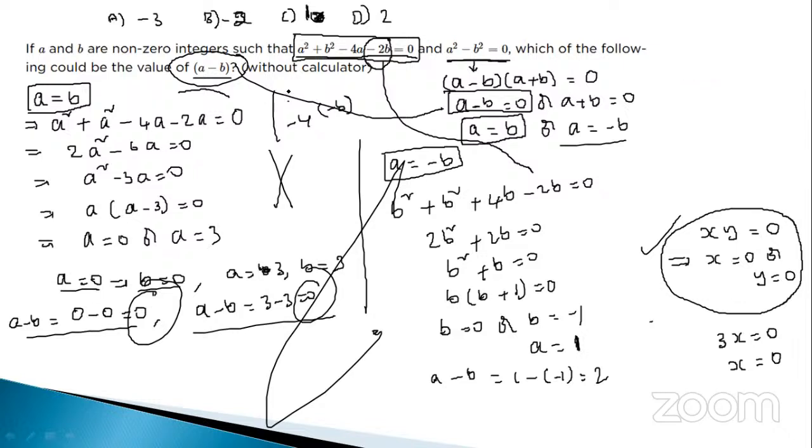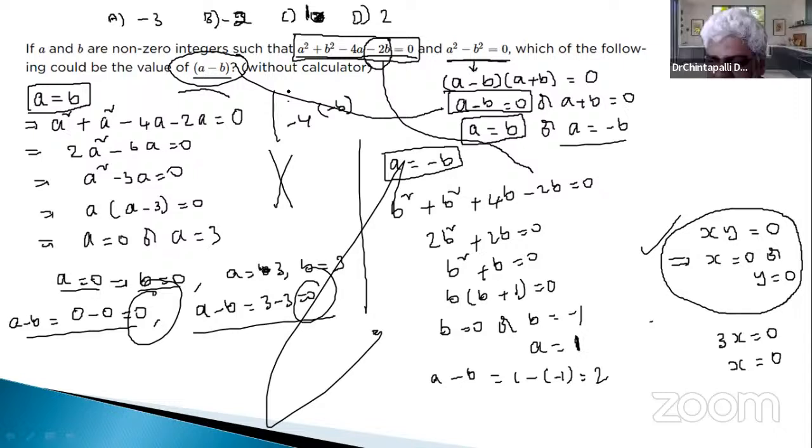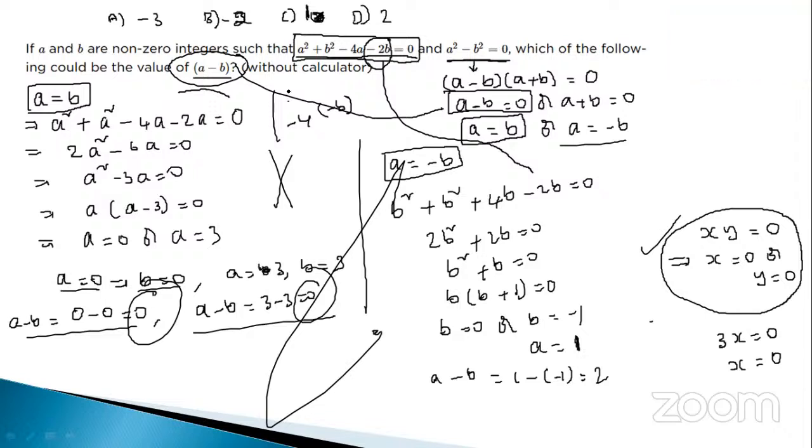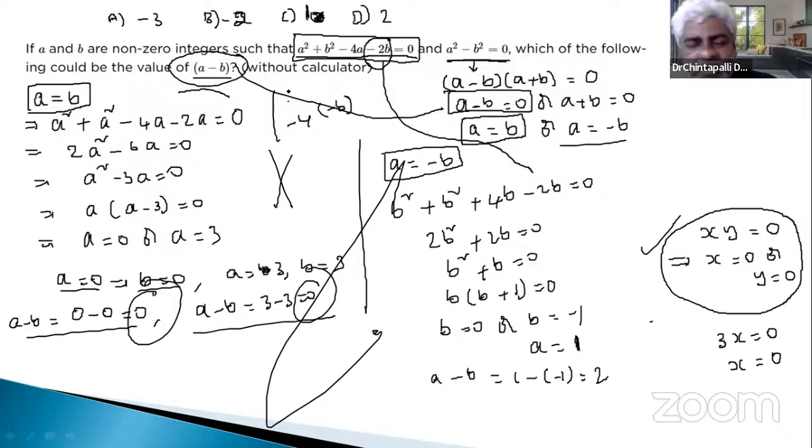If 0 is included in the options, it is the easiest question. If 0 is not included, it is one of the toughest questions, right? Yes. I am working on selecting the toughest questions. Definitely, I'll give some questions for your practice.